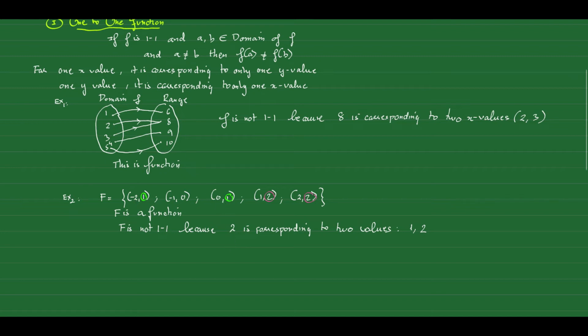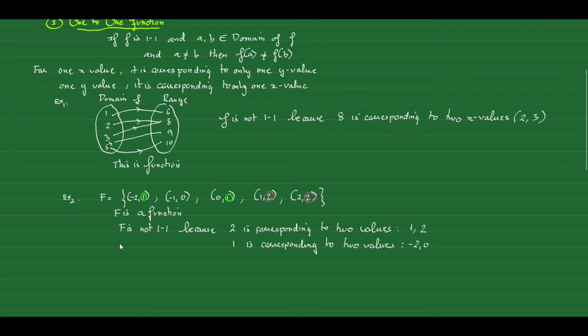So over here I can say, because 1 is corresponding to 2 values, -2 and 0. Okay, so even though it's a function, it is not a 1 to 1 function, and because it's not a 1 to 1 function, this function over here has no inverse.